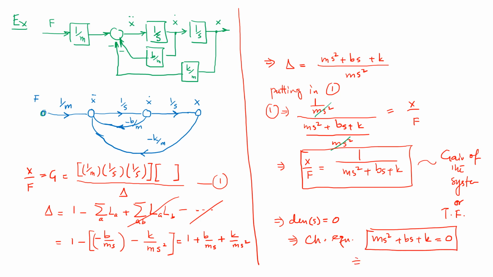This would mean that you have two roots of this equation, and these two roots, when plotted on the S-plane, are going to be the poles, which indicate whether your system is stable, unstable, or what kind of response you're going to expect. So generally what is needed is that the characteristic equation is solved and the roots or poles are plotted on the S-plane or complex plane.